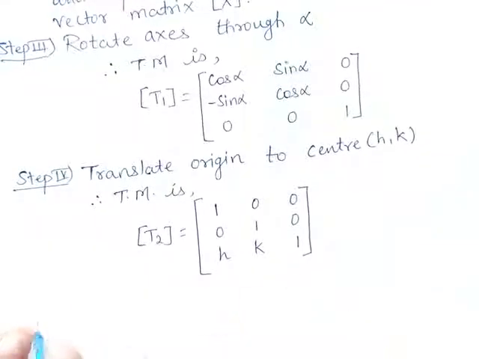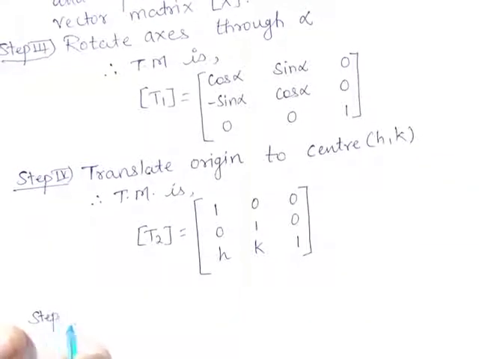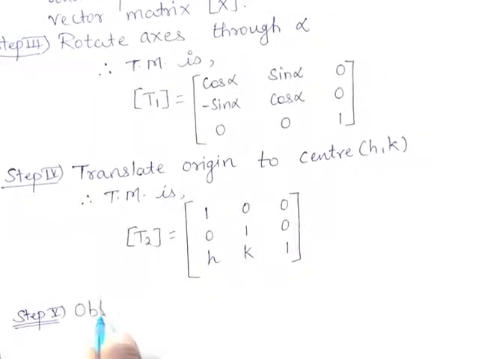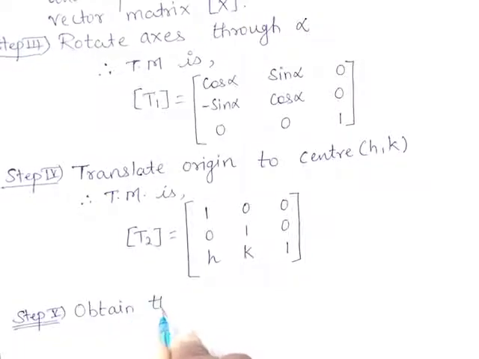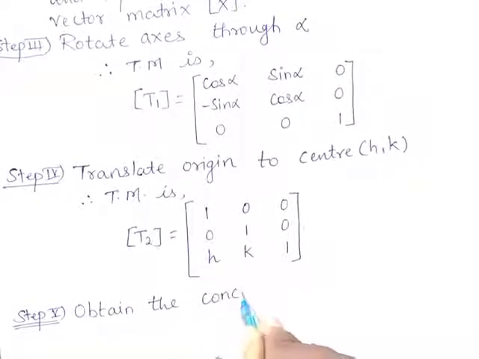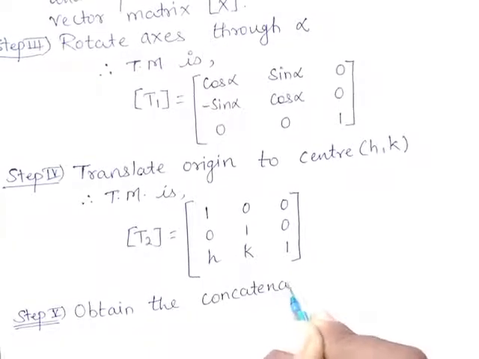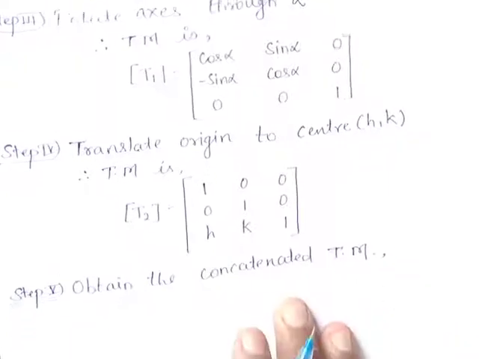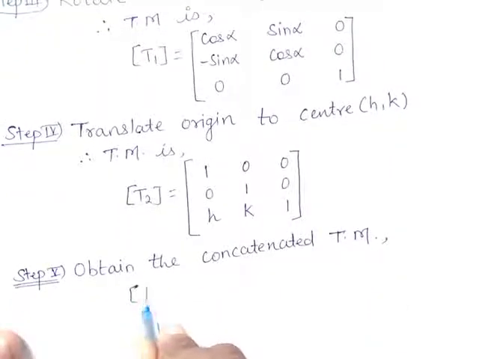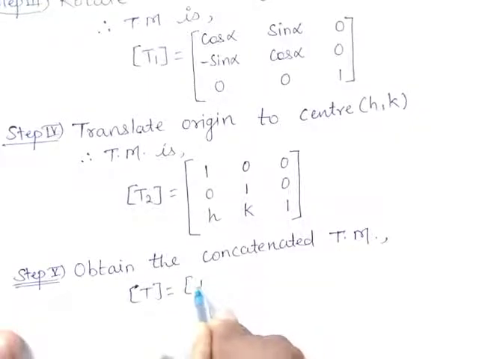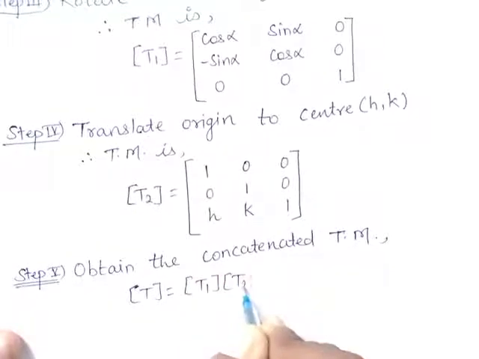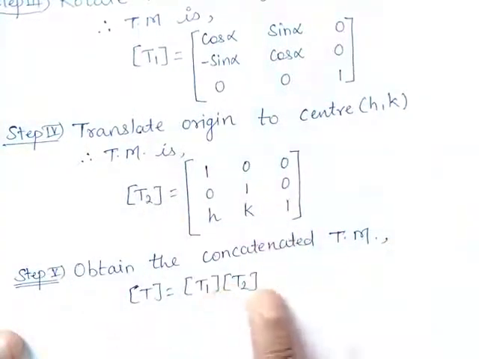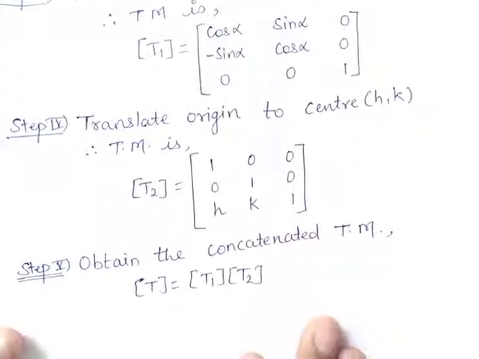Now step 5: obtain the concatenated transformation matrix. T is T1 into T2. T1 is the rotation matrix, T2 the translation matrix. We will take a product of them, and that will be our concatenated transformation matrix.